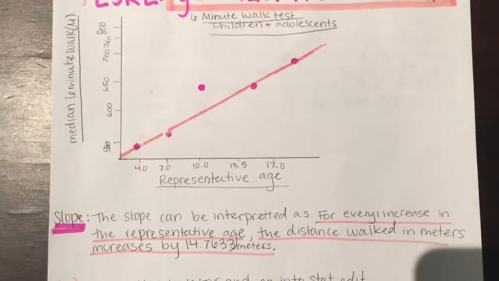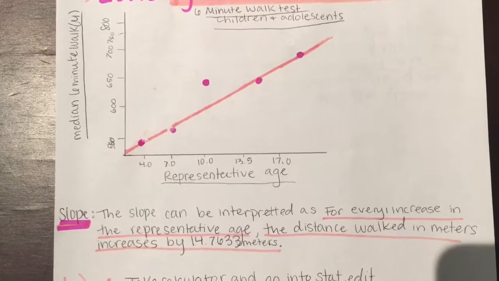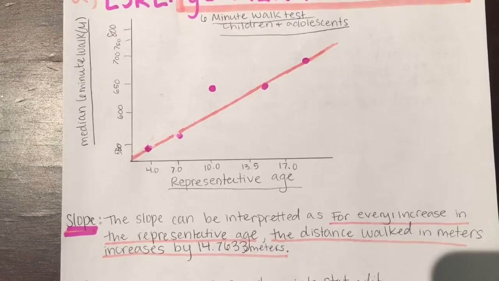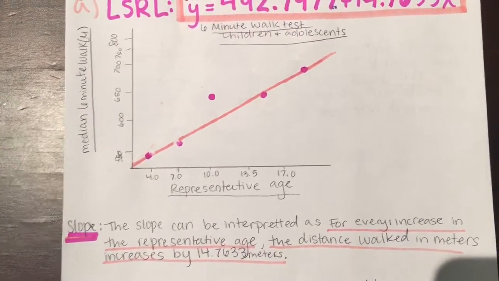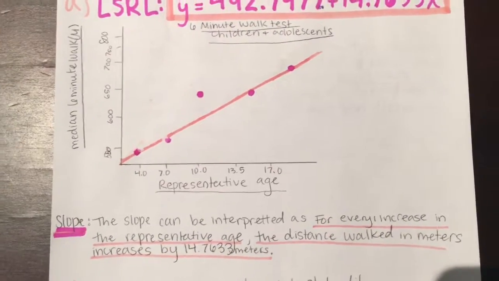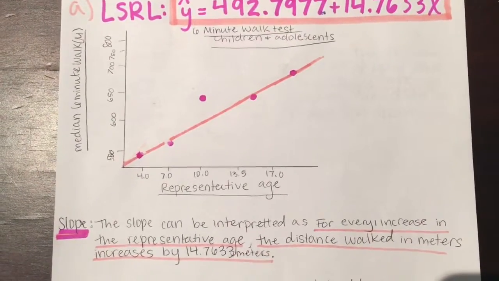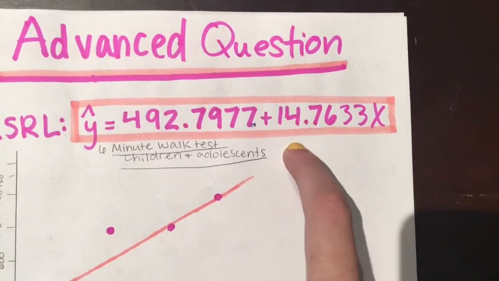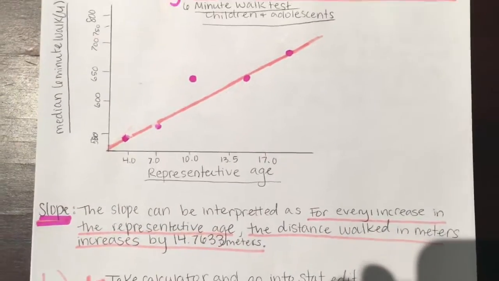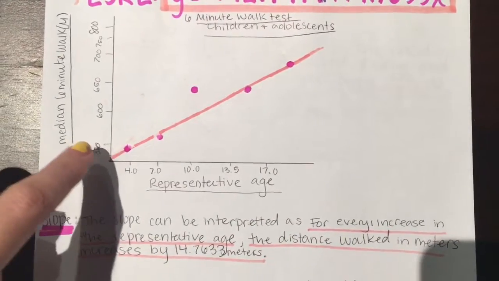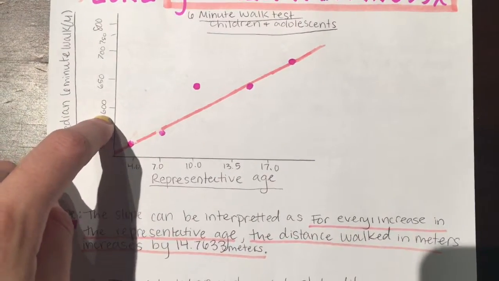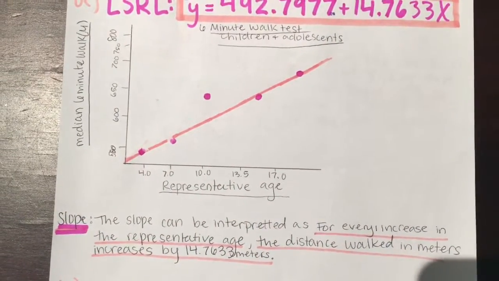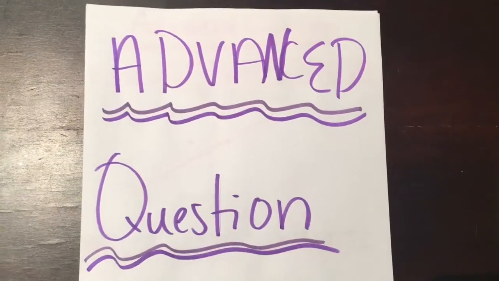I interpreted the meaning of this slope by saying the slope can be interpreted as, for every increase in the representative age, the distance walked in meters increases by 14.7633 meters. This is the slope in the linear regression line. Basically, for every time x increases by 1, y increases by 14.7633.